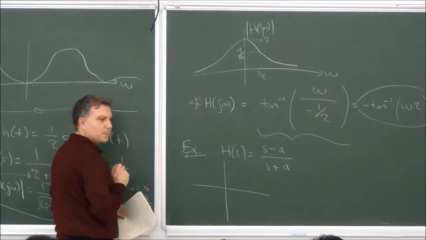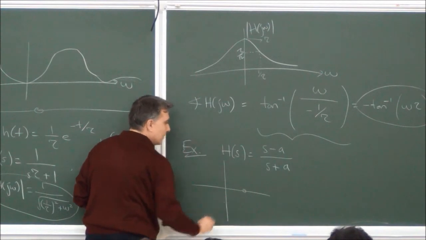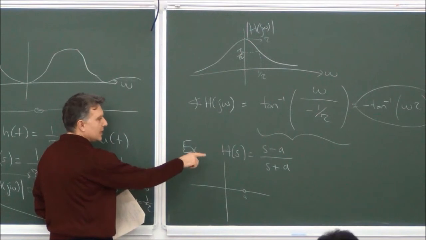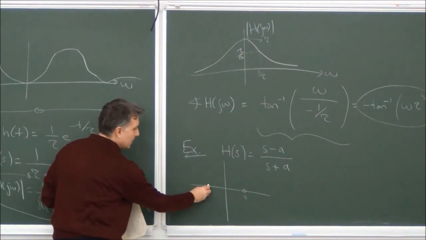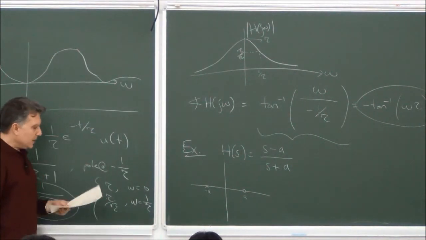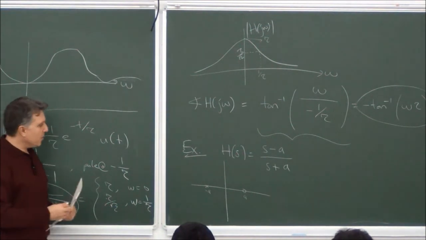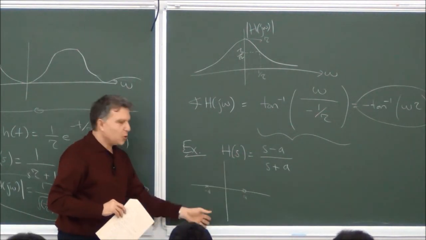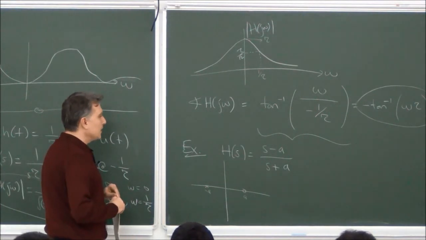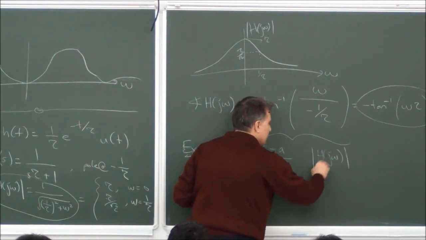Where is the zero? The zero is at s is equal to a here. Suppose this is a. Where is the pole? The pole is at s is equal to minus a here. This is the pole. And let's assume that it is right-hand sided, causal. Therefore, the region to the right of the pole will include the j omega axis and it becomes stable. No problem. But the question is, what is h of j omega in magnitude?